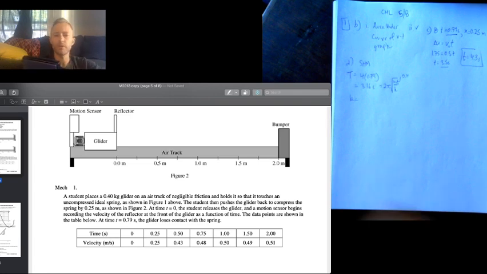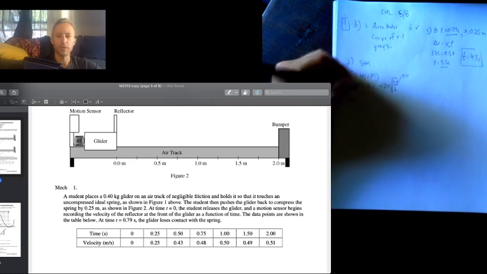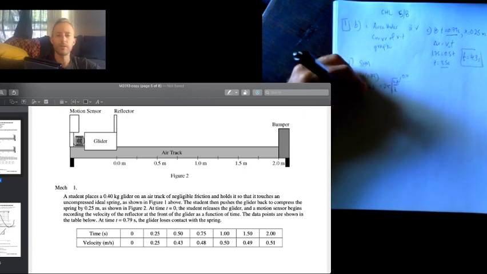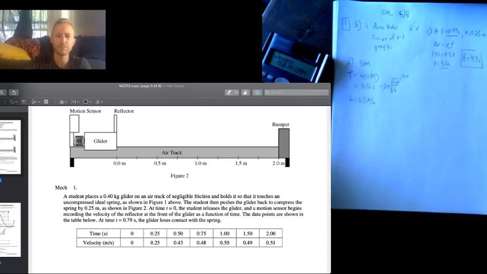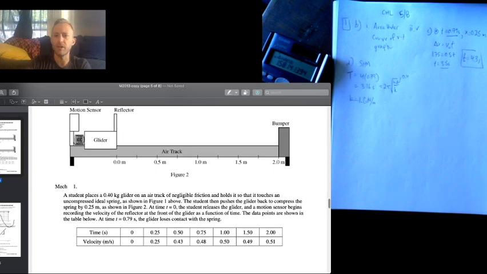And I got about 1.6 newtons per meter. So that's a very flabby, not a very strong spring at all.